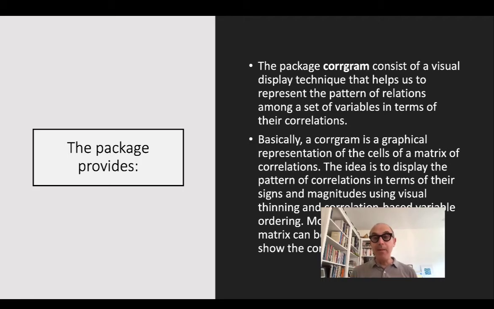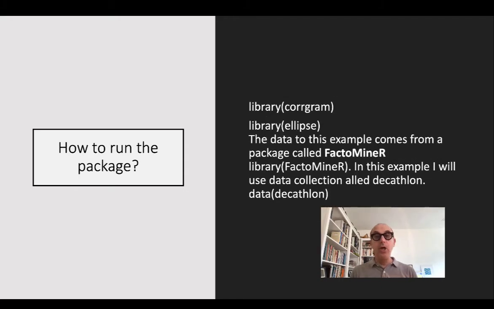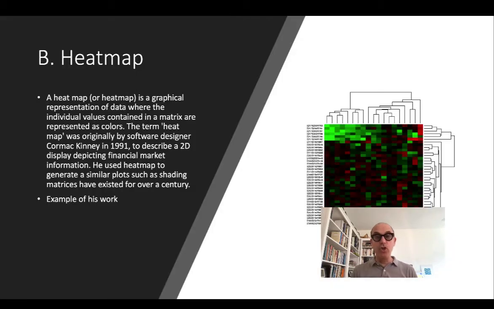So basically it is a display of patterns of correlation in terms of sign and magnitude using visual correlation and the ordering of things. We have a library in this package, and we have the data, which is another library that has the data set that we apply. Then this is what I'm going to use in this example. And I posted this example in Canvas so you can see it for yourself.